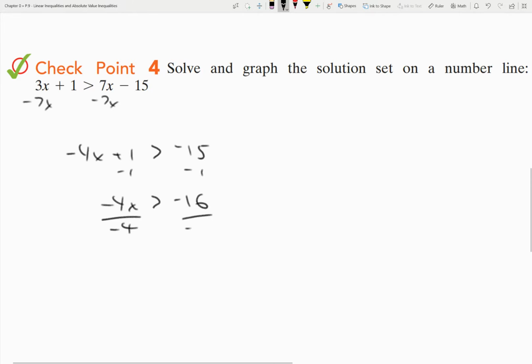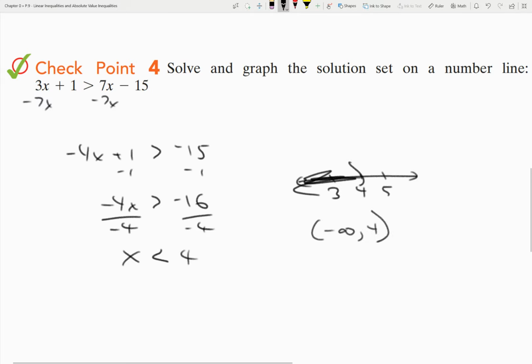Divide both sides by -4, and so x is less than 4. My graph, I'm just going to put the 4, 5, 3. Less than, no equals, so we're going to look something like that. And my interval goes from -infinity to 4 with a parenthesis, not a bracket.